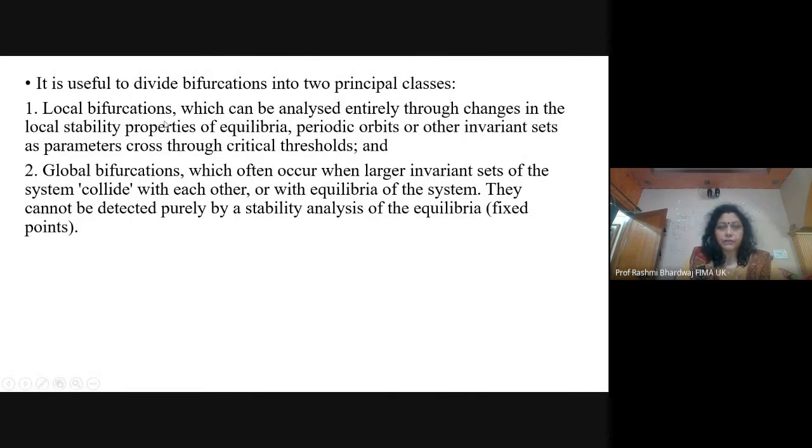One is local bifurcation, which can be analyzed entirely through changes in the local stability properties of equilibria, periodic orbits or other invariant sets. The other is global bifurcation, which often occurs when larger invariant sets of the system collide with each other or with the equilibria of the system, and that cannot be detected purely by stability analysis of the equilibria or using fixed points.